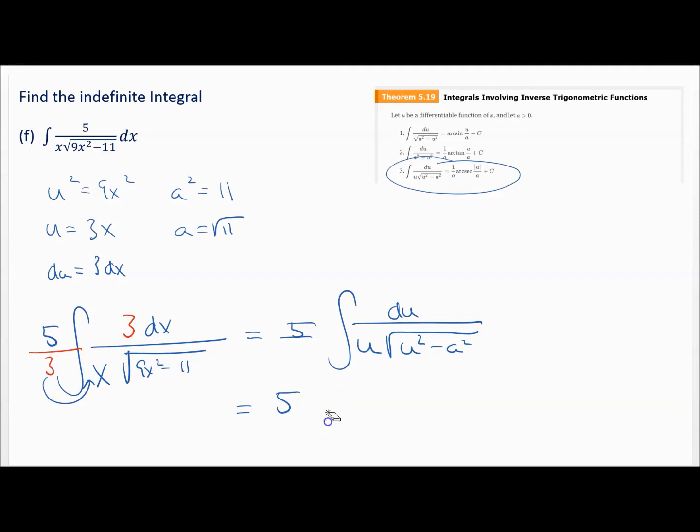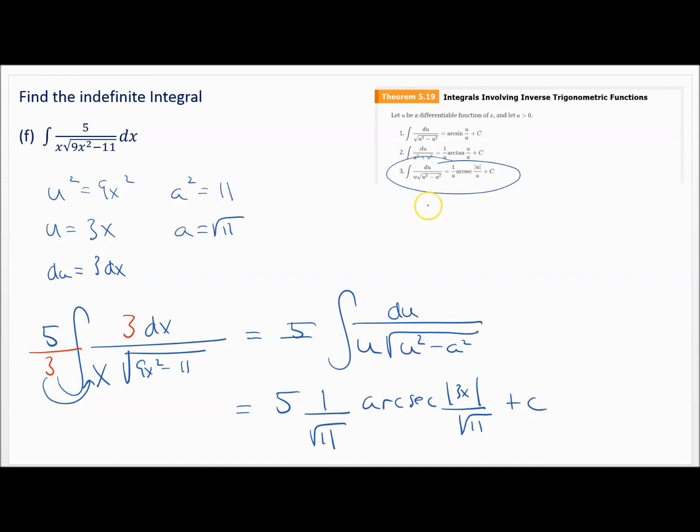Let's not write the integral anymore because I'm ready to use the formula. So 1 over a, so it's going to be 1 over, what's a? Right up here, square root of 11. All right, arc secant of u over a, so the absolute value of u is going to be 3x over a. A is still the square root of 11, plus c.